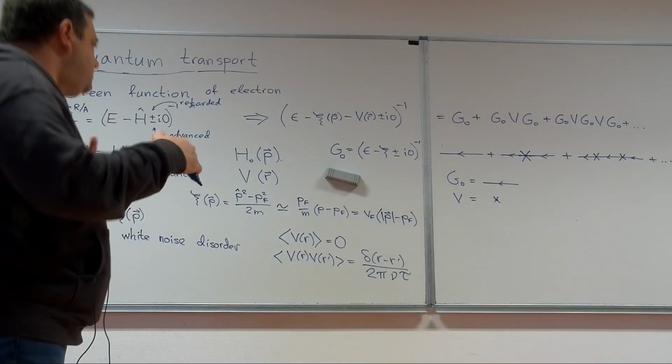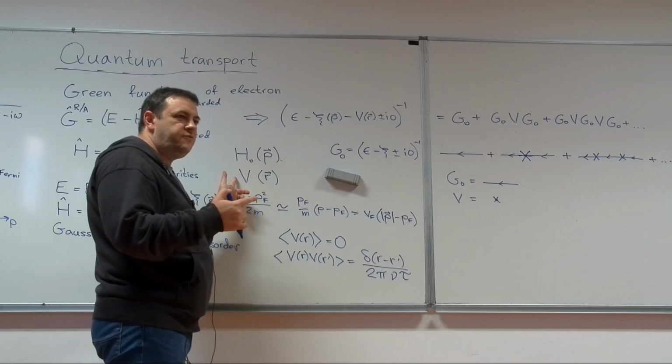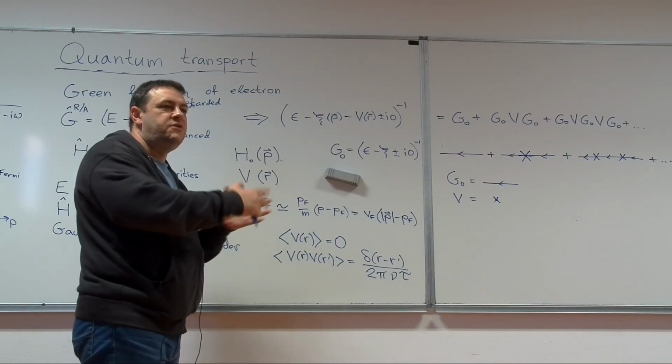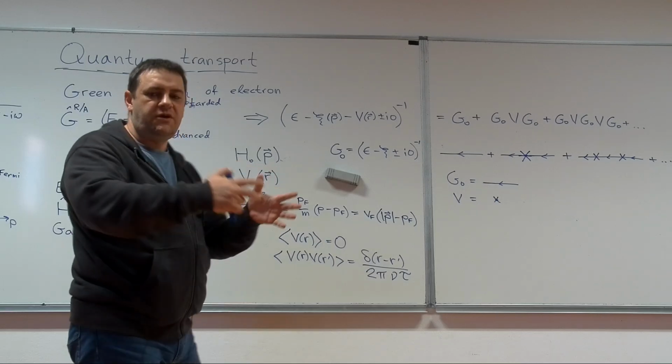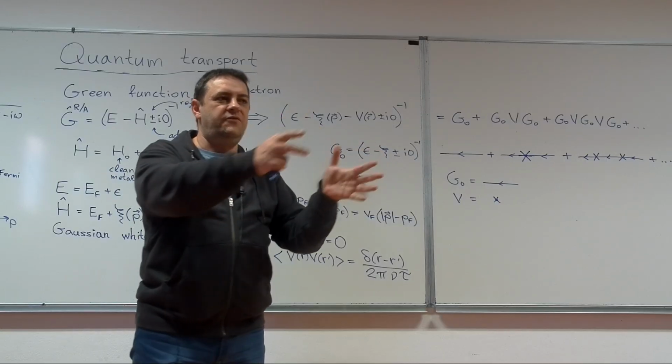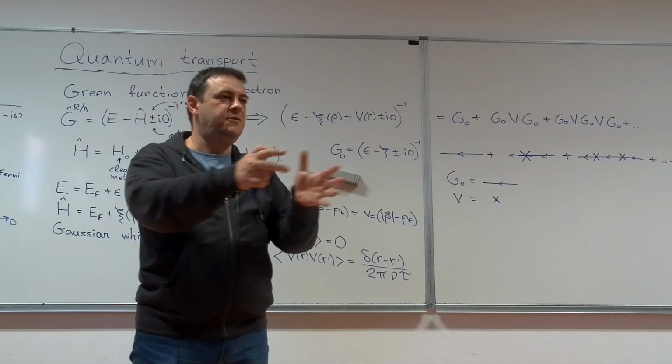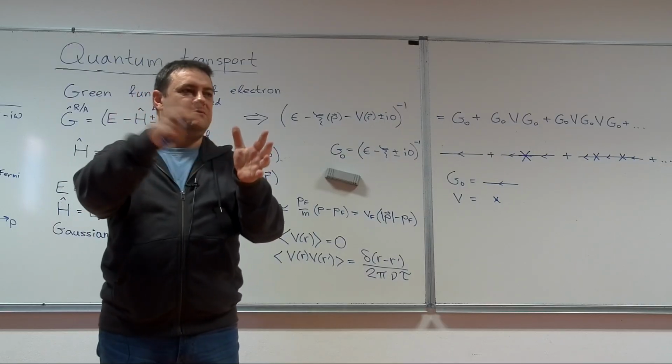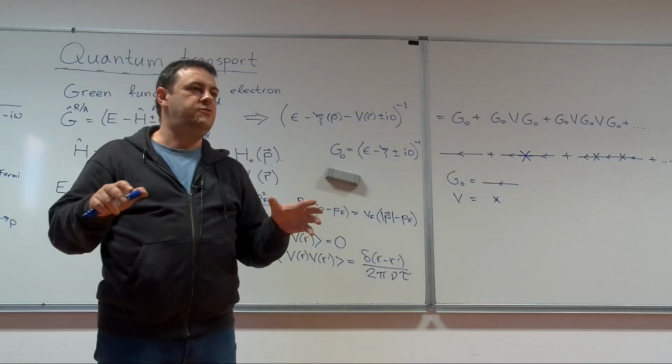As I said, I do not assume any particular function V. I assume it's a random function. So if you like, I have many realizations. I have not a single sample, I have a million samples. And in each sample of the same material, I have some different distribution of impurities.